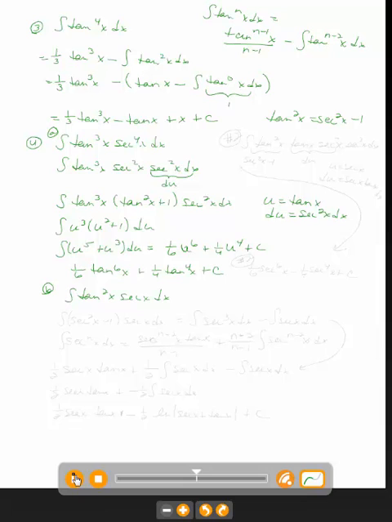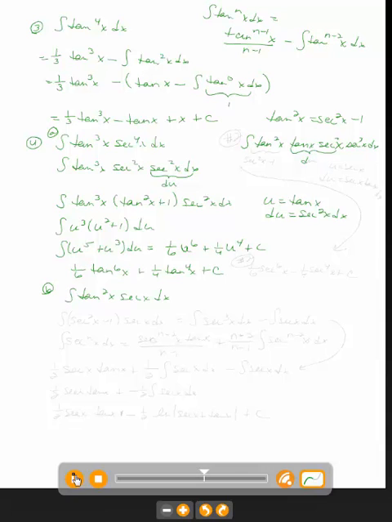If you did that, let me go back up here, I would have rewritten this as tangent squared of x, tangent of x, and then that secant to the fourth, I would have made it as a secant of x and a secant cubed of x.